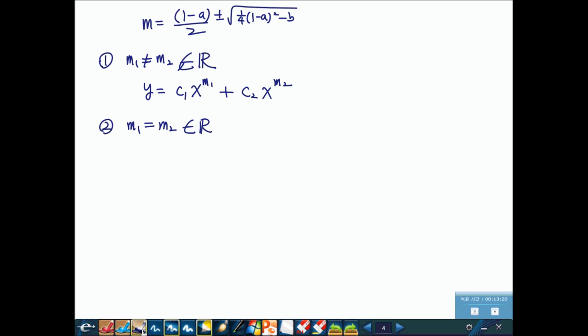So what do we need to do? We need to do the reduction of order, right? So reduction of order, where in our case m1 is 1/2 times (1 minus a), right?